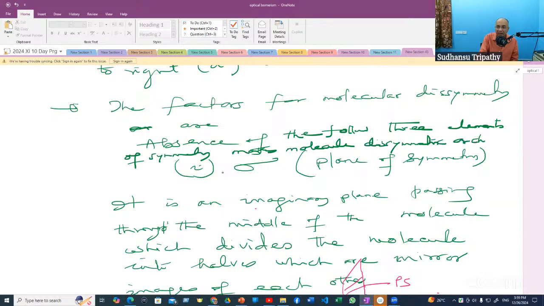Chiral molecules have mirror images that are non-superimposable, and they have non-superimposable mirror image forms.